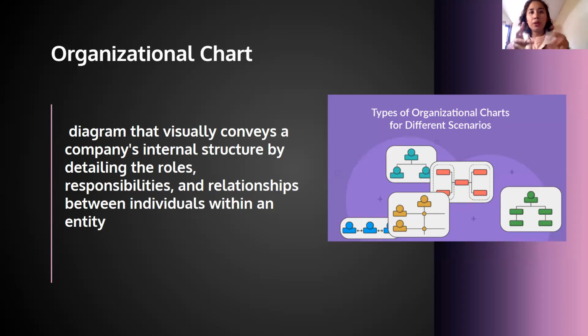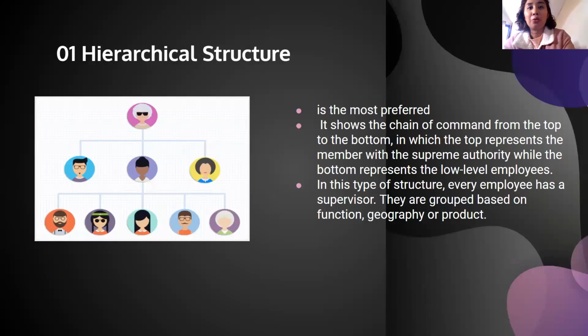You could be grouped based on functions, divisions, depending on your product, depending on your project. Ganyan, may pagka-grupo-grupo. Okay? Sa University of Baguio, we are grouped according to schools: School of Natural Sciences, School of Dentistry, School of Information Technology, School of HRM. So dito makikita sa organizational chart.